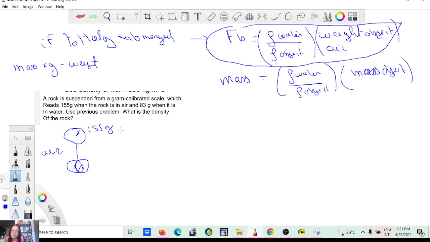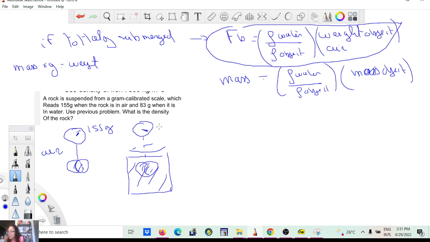Then you're going to submerge the rock in water, totally submerged in the bucket of water that you have. Here you just have the weight and the tension. Here you have the tension and the weight, and you see that it's less.